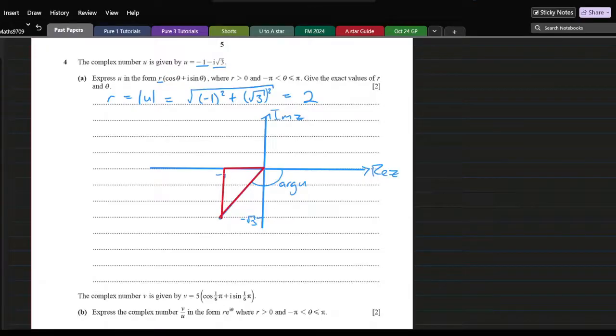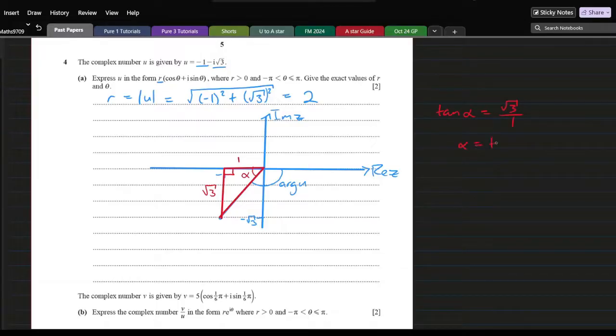This here would be a right angled triangle, and this distance is 1, and this distance here is root 3, and let's call this angle alpha. So to find alpha, we can say that tan alpha is equal to the opposite, which is root 3, over the adjacent, which is 1.